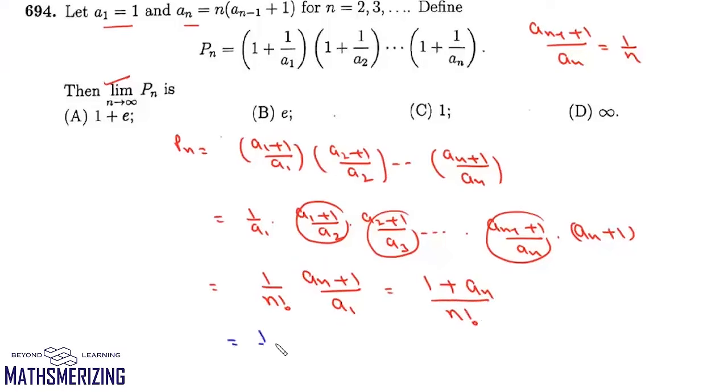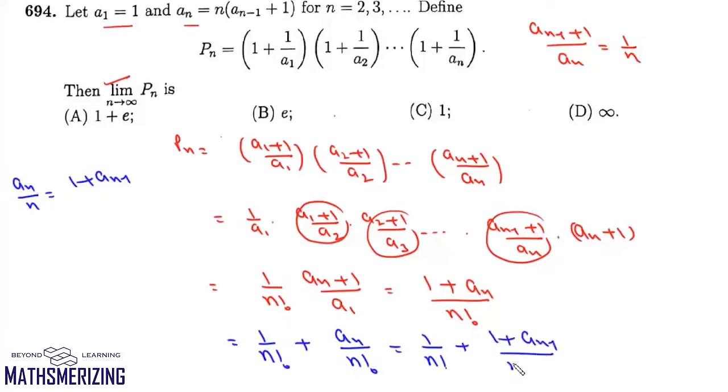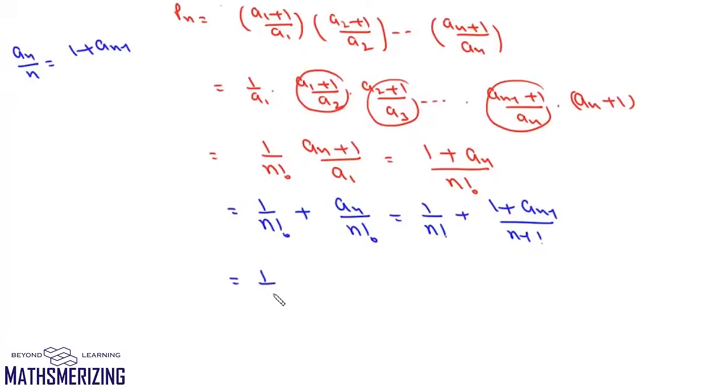Now this is 1 upon factorial n plus an upon factorial n. Now an upon n is a(n-1) plus 1. So we can write an upon n as 1 plus a(n-1). So we can also write this as 1 upon factorial n plus (1 plus a(n-1)) upon factorial (n-1), which is 1 upon factorial n plus 1 upon factorial (n-1) plus a(n-1) upon factorial (n-1).